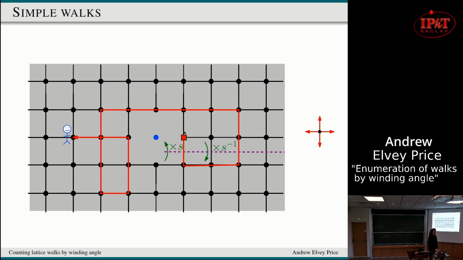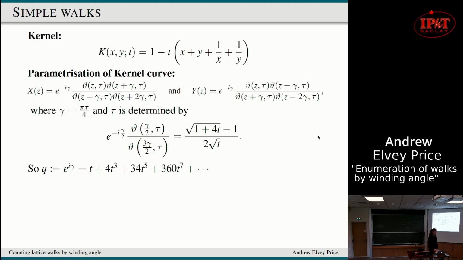So for simple walks, if we have this step set, then in this case the kernel is parameterized by expressions looking like this, where gamma is just pi tau over 4.